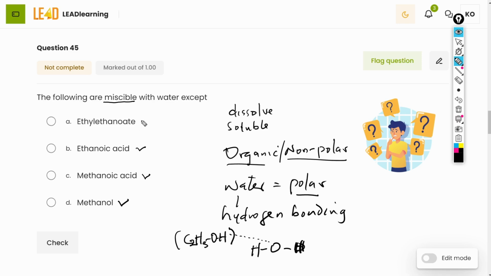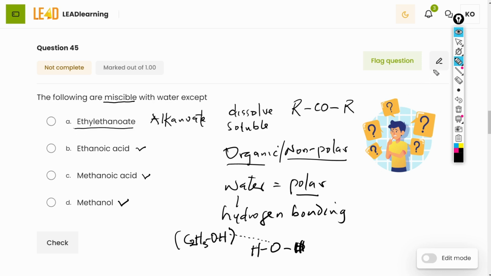Now, ethyl ethanoate, which is an alkanoate, because of its structure having two alkyl groups that would not allow for the formation of hydrogen bond, will be insoluble in water.